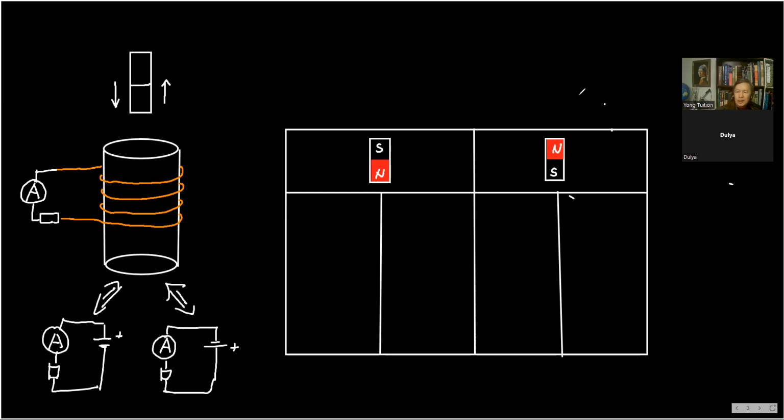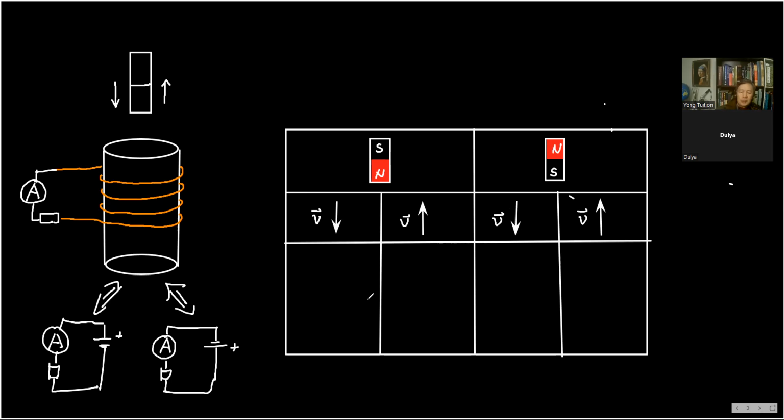And the direction of movement has two options: one is moving downward, another is moving upward. This is the direction of movement, the velocity. So these four have two outcomes.